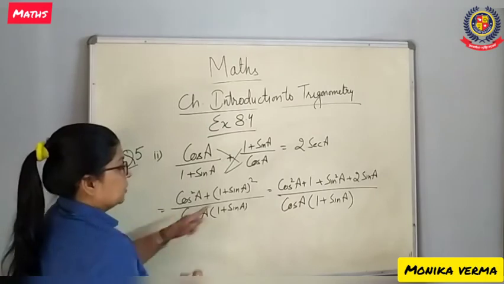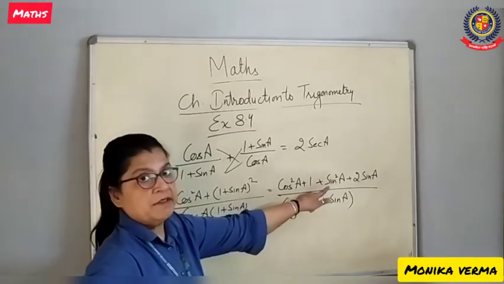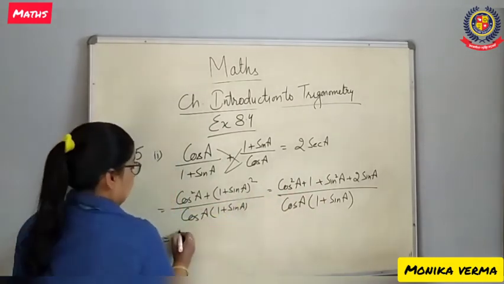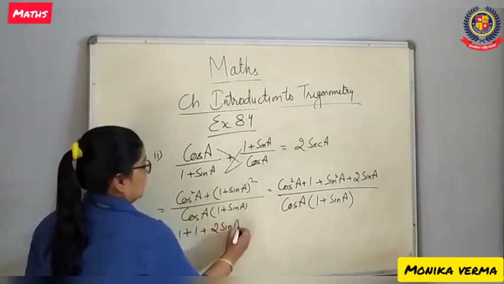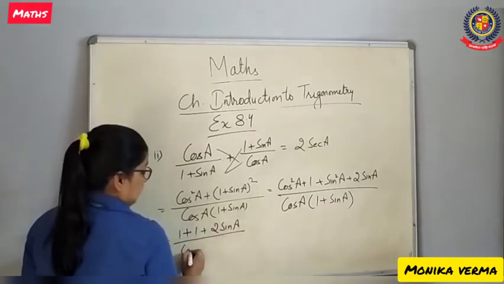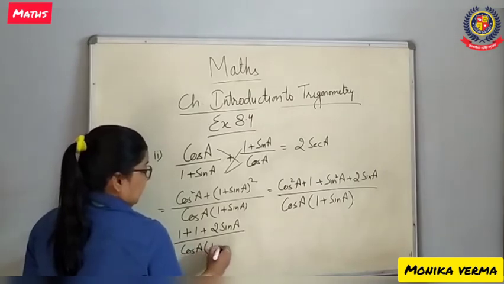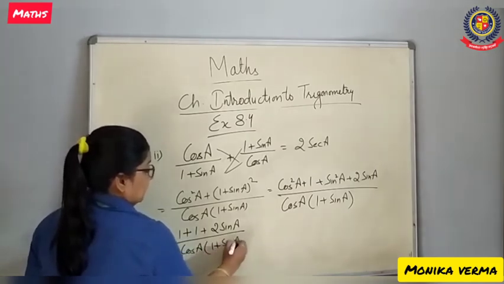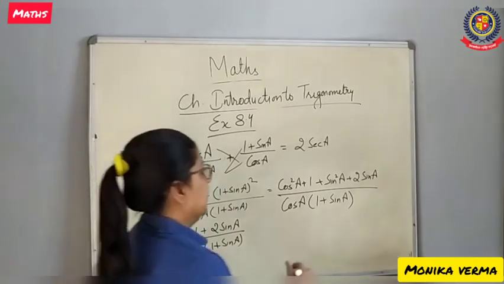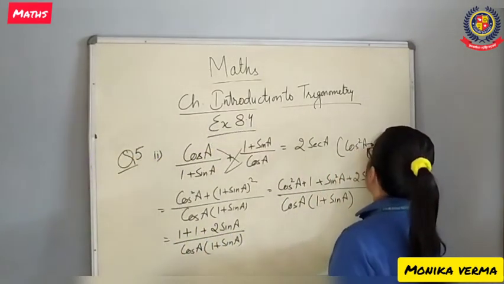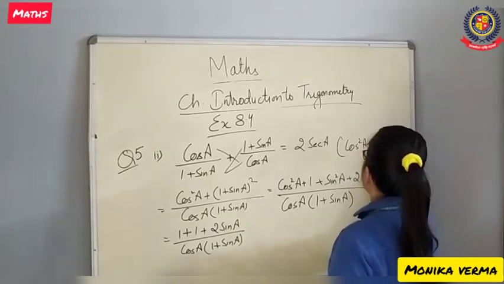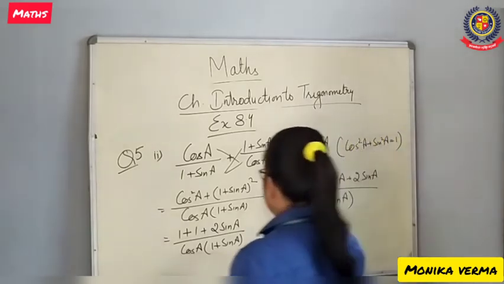Now we know cos square A plus sin square A is equal to 1. So 1 plus 1 plus 2 sin A upon cos A (1 plus sin A). But which identity have we used? We have used cos square A plus sin square A is equal to 1.